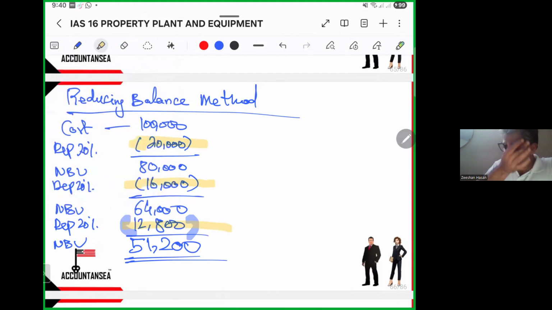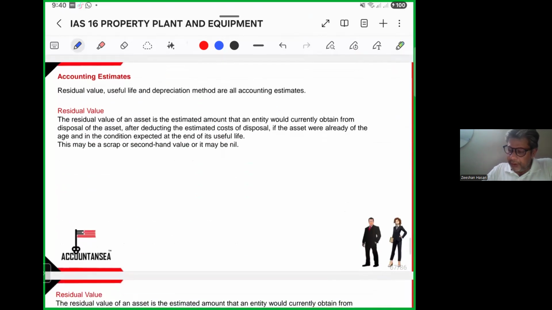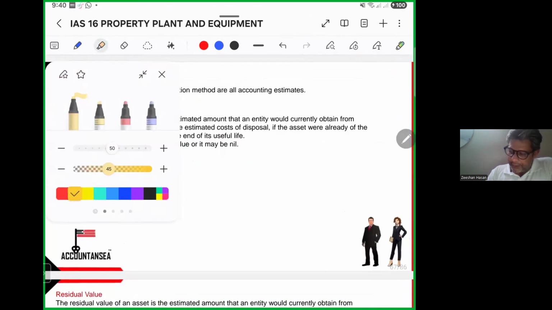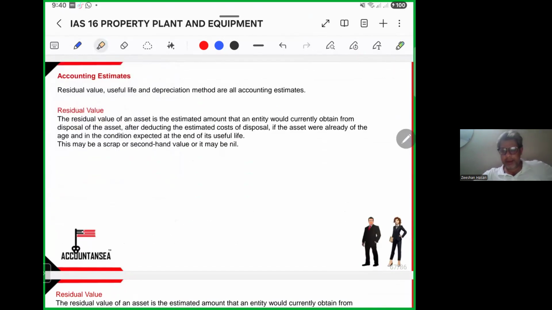So it assumes that in earlier years the asset is giving more benefit, and in the later years it's giving less benefits. You can see the application over here. That's how the reducing balance method works. So far, so good, and I hope it is clear till here to you guys.